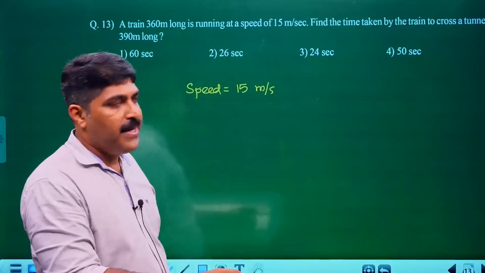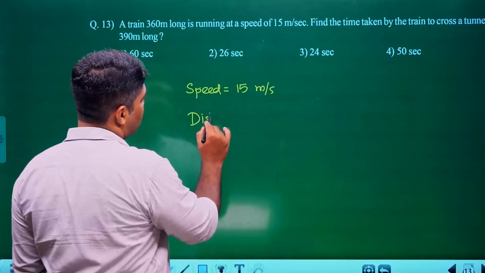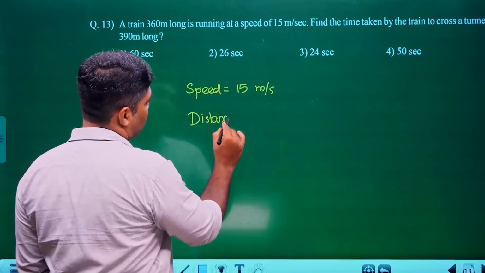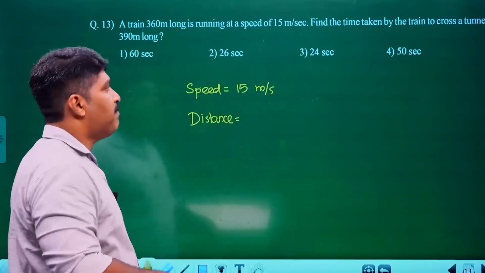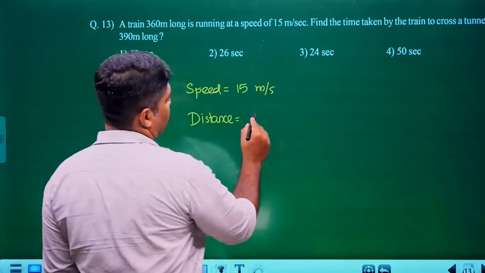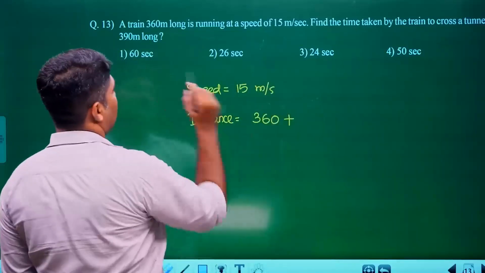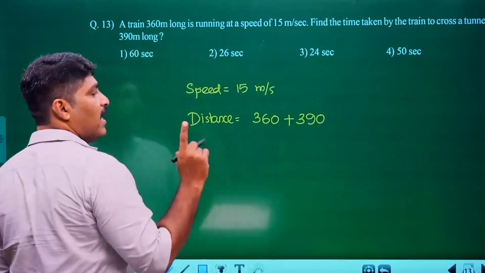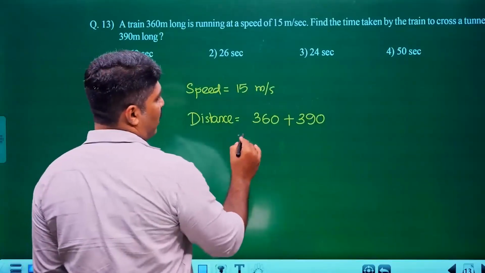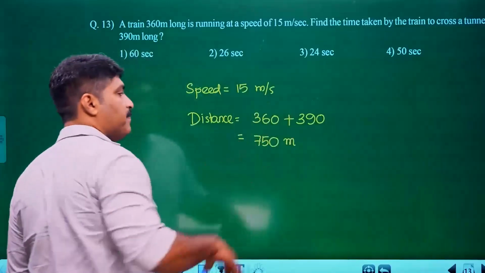That's a favorable situation. Next, we have to consider what the distance is in this context. Distance is nothing but the length of the train plus the length of the tunnel. While we are adding them, that is 750 meters.